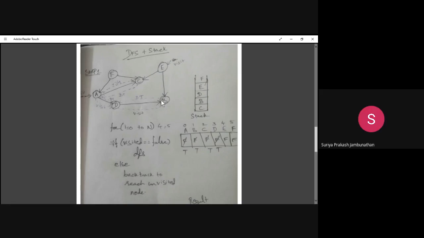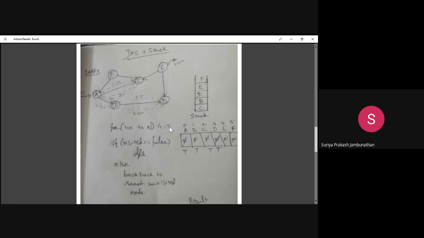C and B. Are C and B visited nodes or non-visited nodes? Visited nodes. So it's not possible to go there, and we have to remove this E. E will be removed and put above A, so E will come here. Then for the next iteration, we can move further.